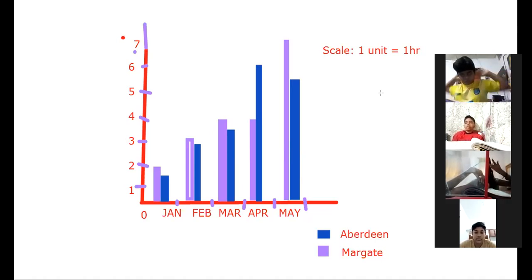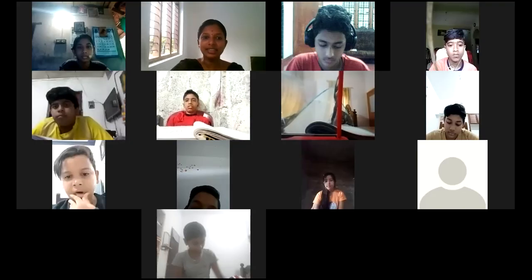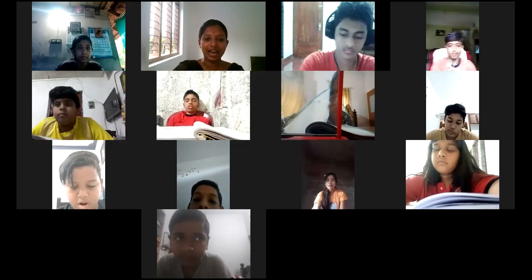Here, the average sunshine of two cities is given. In our previous classes, we represented the average sunshine of a single city. But in this case, we are given the average sunshine of two cities, and like this, we have to represent the data in a single graph.